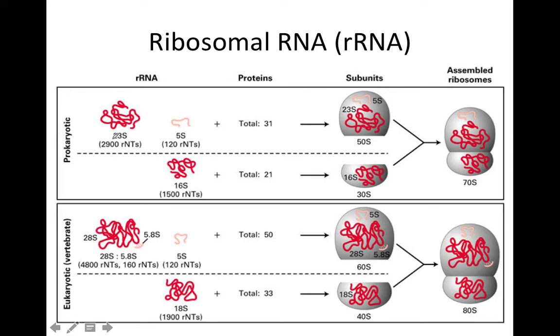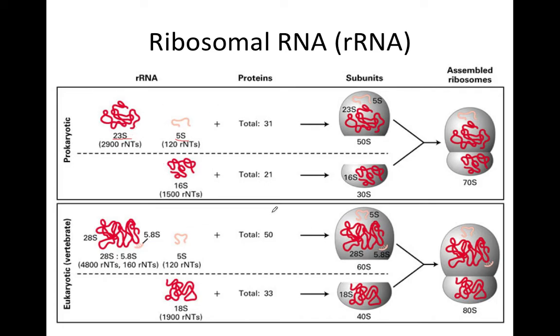Basically, these terms 23S and 5S are the conditions at which these RNAs were isolated, and now they are used to name the rRNA. They're kind of lazy about naming stuff, so they just say, okay, I isolated this at 23S conditions, so I might as well name the rRNA 23S rRNA. So this is for the prokaryotes.